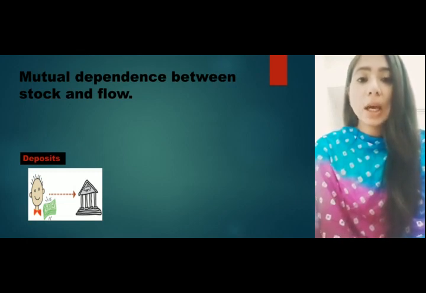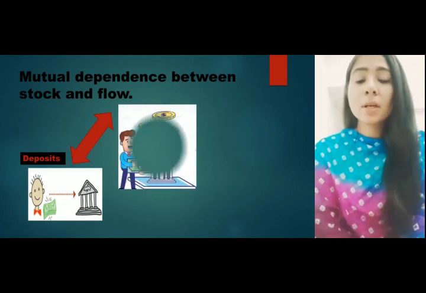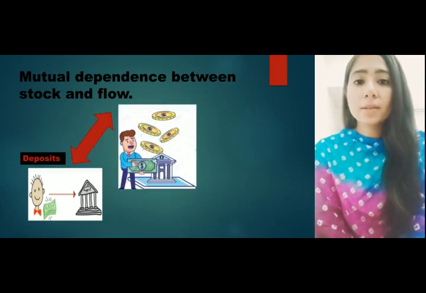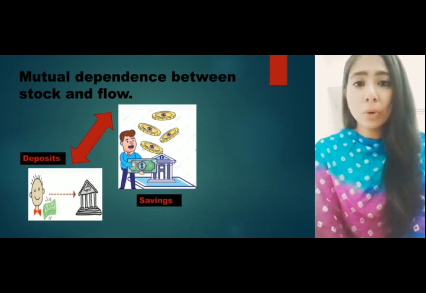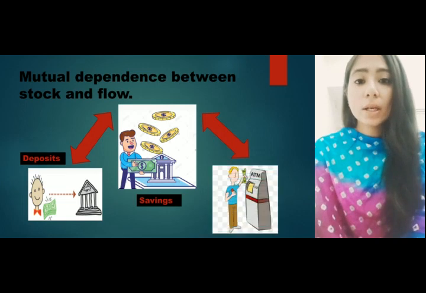And then, as on 1st of March 2020, I have 20,000 in my account. This is my wealth currently, so this is a stock concept. And then, for example, I withdraw the money. So this is a chain, which shows the mutual dependence.